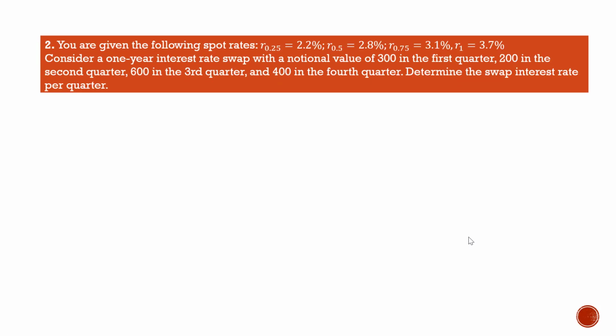Question number 2. You are given the following spot rates. R 0.25 is 2.2%, R 0.5 is 2.8%, R 0.75 is 3.1%, and R1 is 3.7%. Consider a 1-year interest rate swap with a notional value of 300 in the 1st quarter, 200 in the 2nd quarter, 600 in the 3rd quarter, and 400 in the 4th quarter.